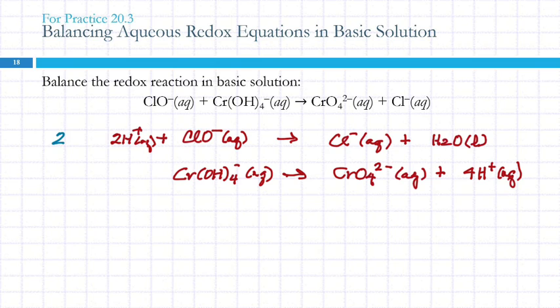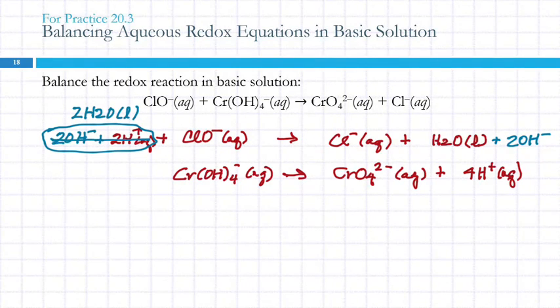So I'm going to add 2 hydroxides here and 2 hydroxides over here. Then I say to myself, well, these guys together are going to make 2 H2Os. And you say, oh, well, there's H2O on this side also.